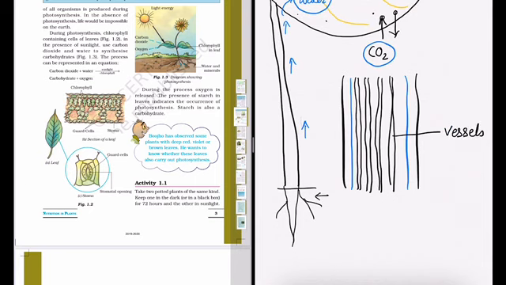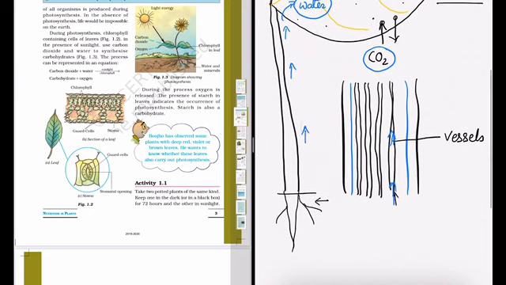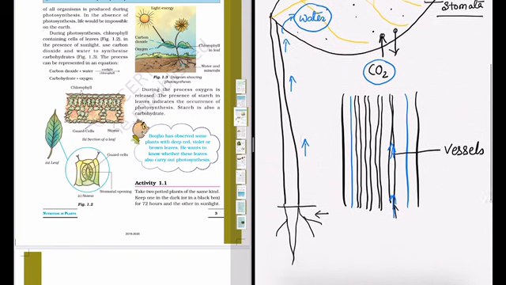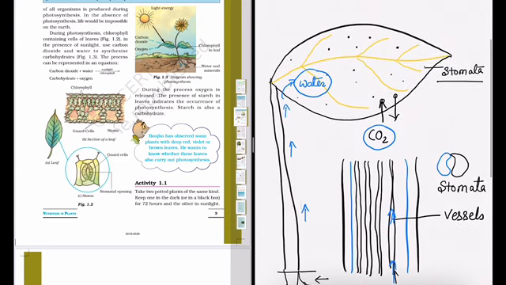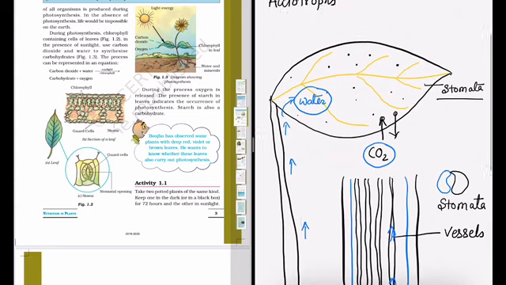The water will travel upward through the vessels. So the structures that help the water to go are vessels. The structures that help the gases to exchange are stomata. So now the leaf is getting both the water and carbon dioxide.